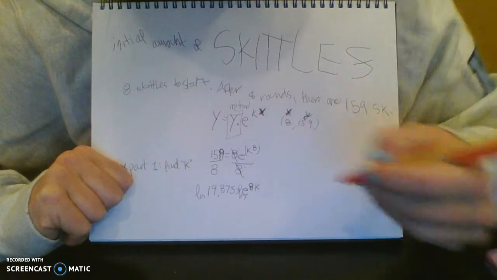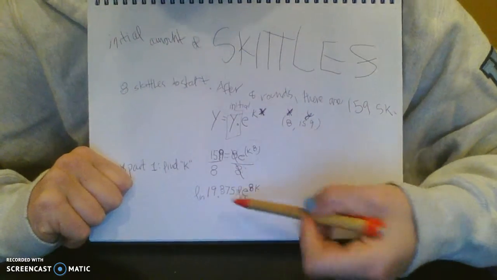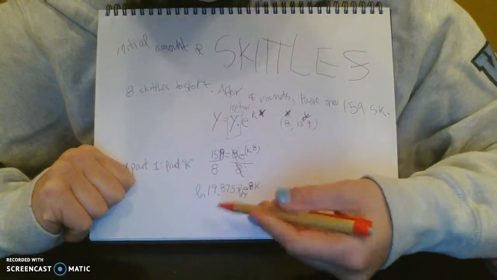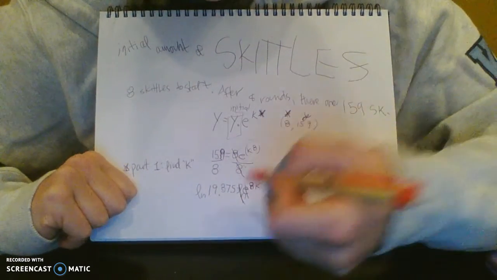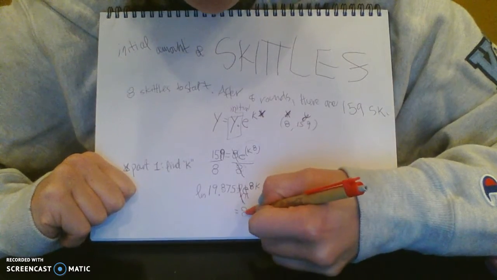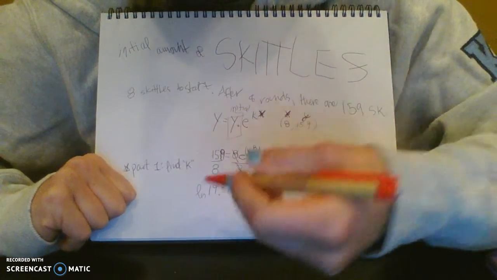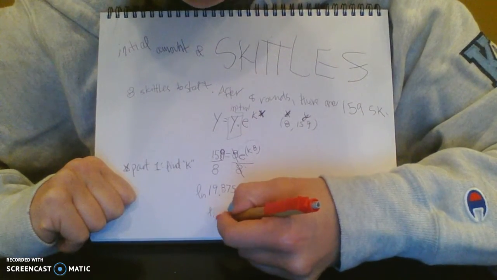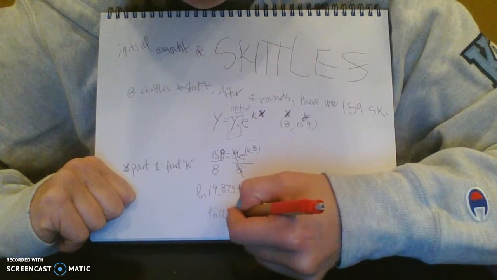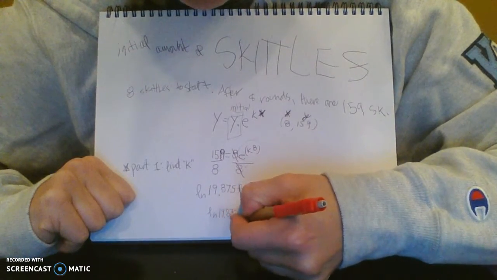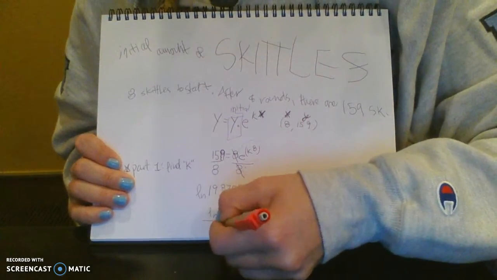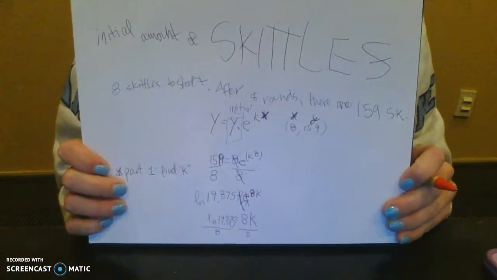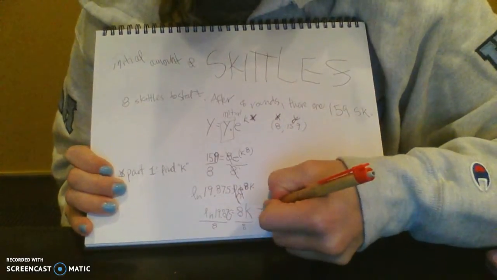Okay, so taking the log of both sides, the ln and e are inverse operations of each other, so now on this side I have 8k equals the ln of 19.875. Divide by 8, divide by 8.